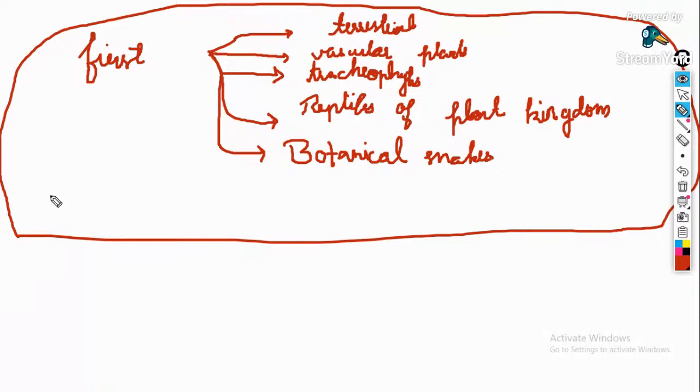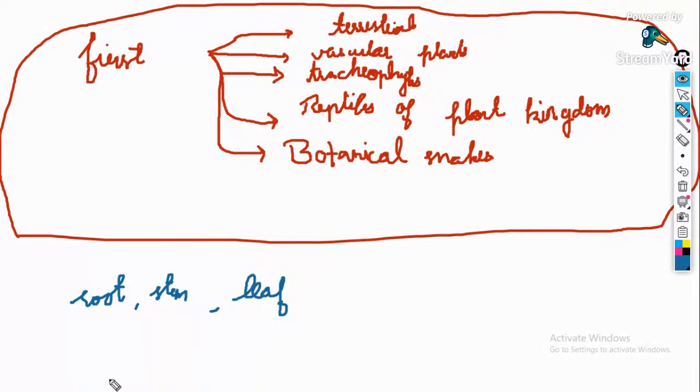Next point, they possess root, stem, leaf. So well differentiated structures of root, stem, and leaf are present.